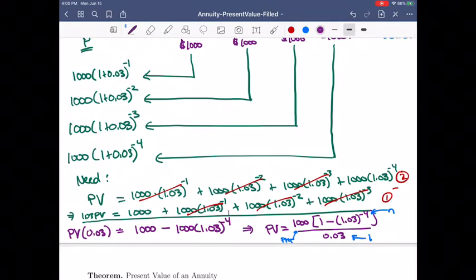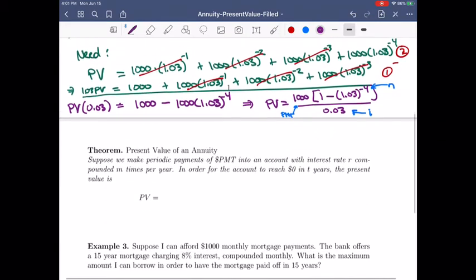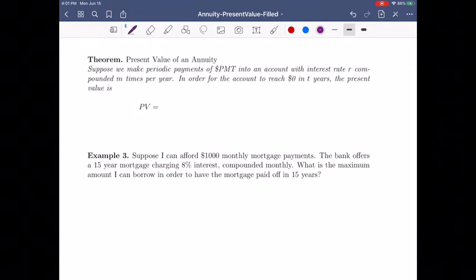This is following the same form as the other, slightly different. But this is the closed form formula, so instead of needing to do a sum, this is what a formula would look like. If you want to find the present value for an annuity, suppose we're making periodic payments of PMT into an account with interest rate R, compounded M times per year, in order for the account to reach $0 in T years. So it's like we're paying back a loan. It is stated like a loan, but it could also be like a withdrawal.